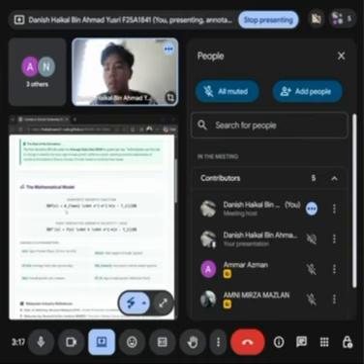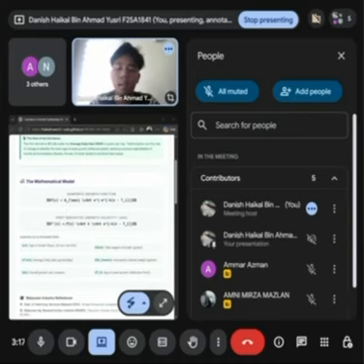Next, we use the first derivative to calculate the growth velocity or ADG. F'(t) equals K e to the negative K (t minus Ti).